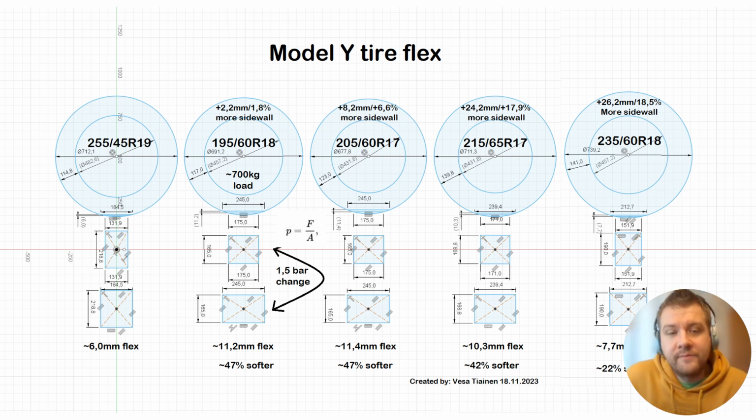After that, I can calculate how much surface area there is with these tires. I have measured the width sections of these actual tires, which I will test in the Tesla Model Y, and now I have been able to calculate how wide and tall the contact patch is with certain tire pressures, and how it changes based on the pressure formula: force divided by area gives you the pressure.